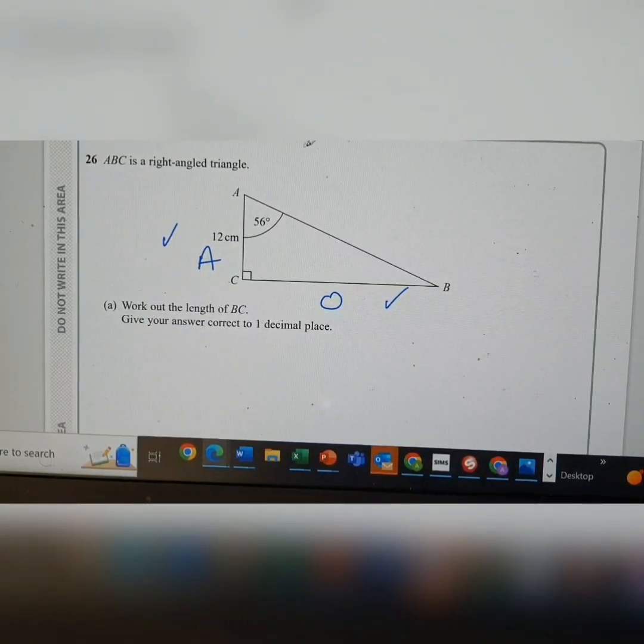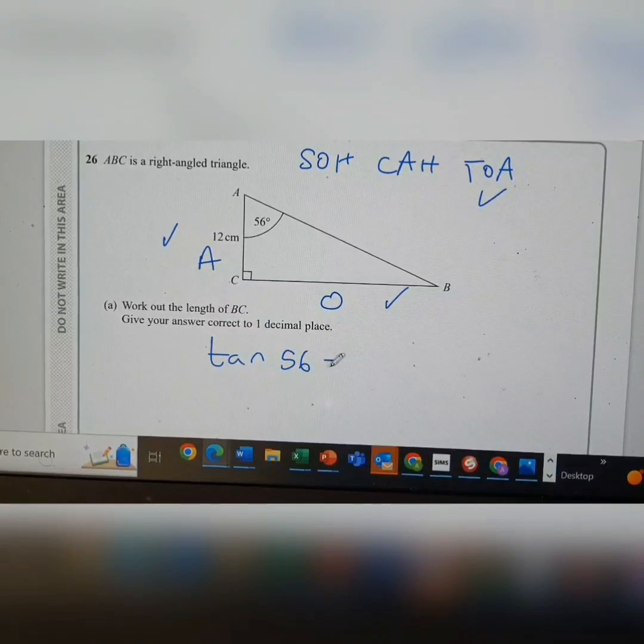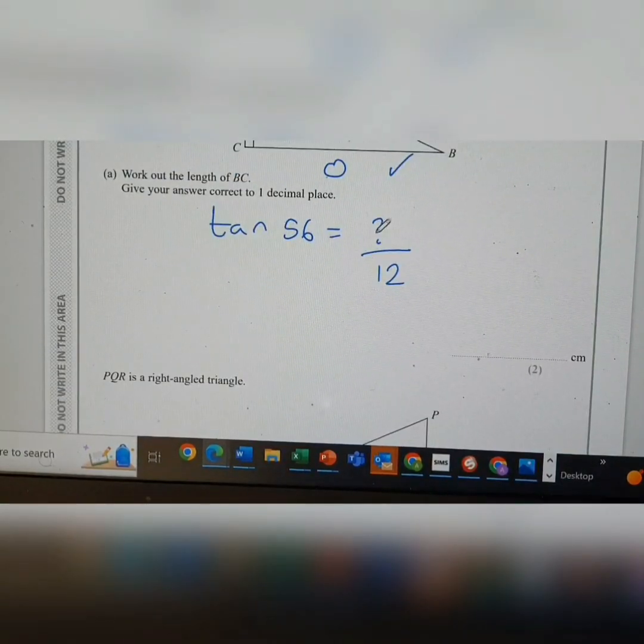So using SOHCAHTOA to choose which of these trig ratios I need, TOA, which is tan of the angle, tan 56, equals opposite side that I don't know, divided by the adjacent side that I do know. So to find the missing side, I need to get rid of the divide by 12 by multiplying by 12.